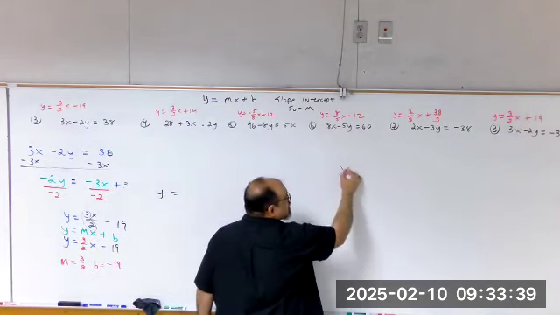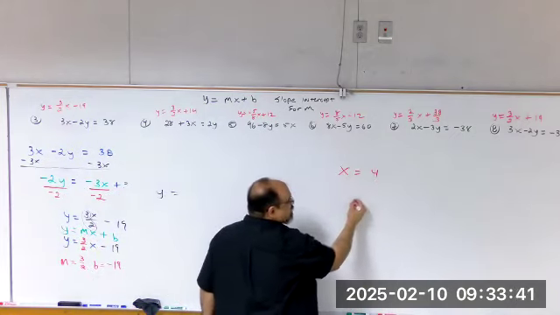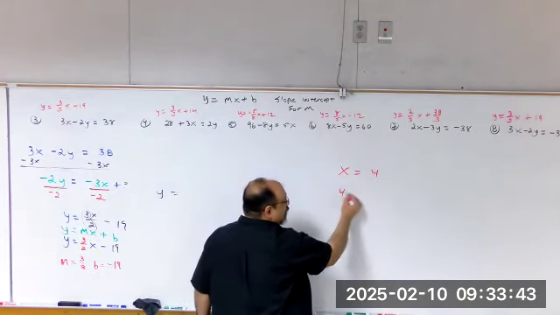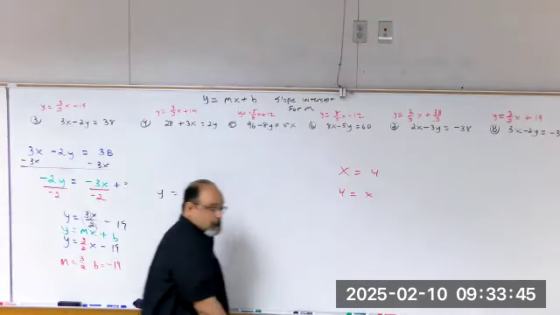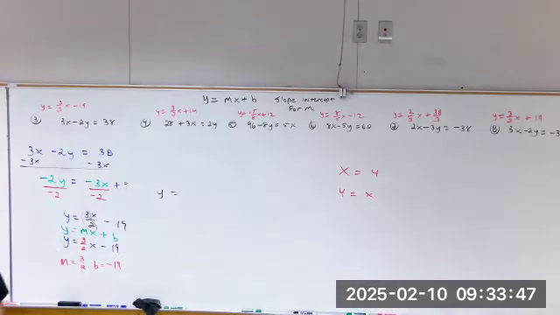If x is equal to 4, is it okay to say that 4 is equal to x? Does that mean anything different? No. It's the same equation. I can flip equals with no big deal. That is the symmetric property of equality.